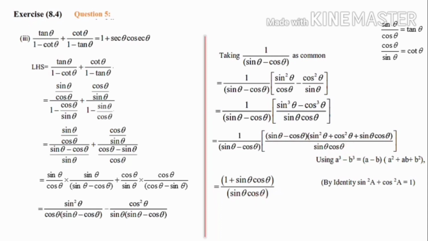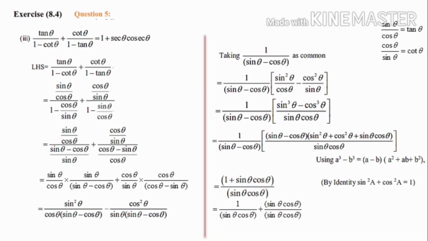That is written. Now when you look at the right hand side, we need 1 plus sec theta cosec theta. Of course we have to split this one again, that is 1 divided by sin theta cos theta, this is one term, plus sin theta cos theta by sin theta cos theta. We are splitting the numerator. After splitting, when you take sin theta cos theta as LCM, you will get the same term, 1 plus sin theta cos theta.